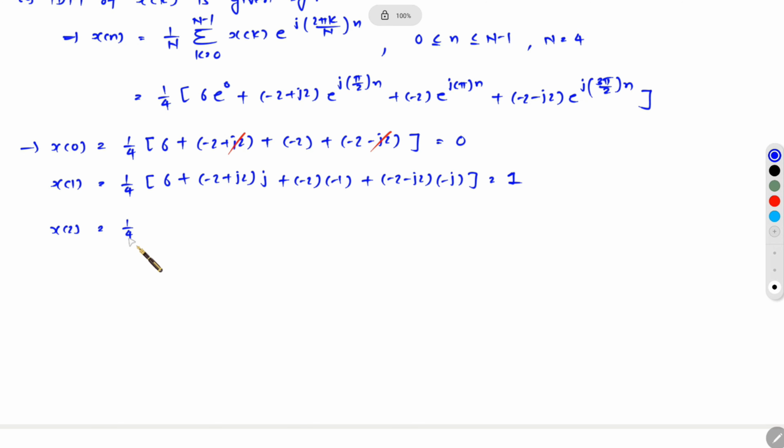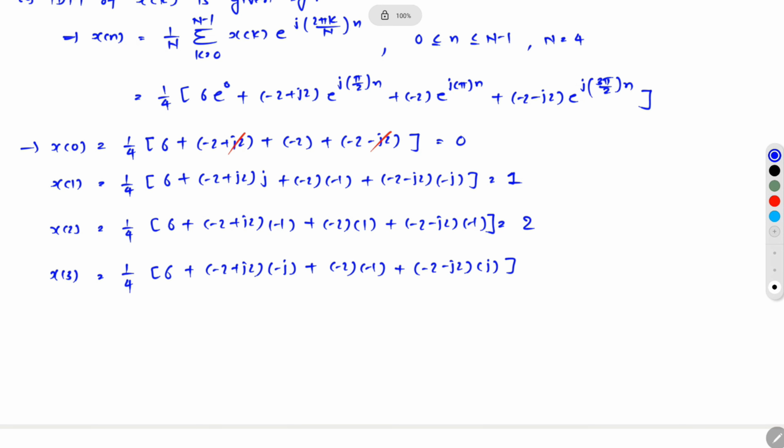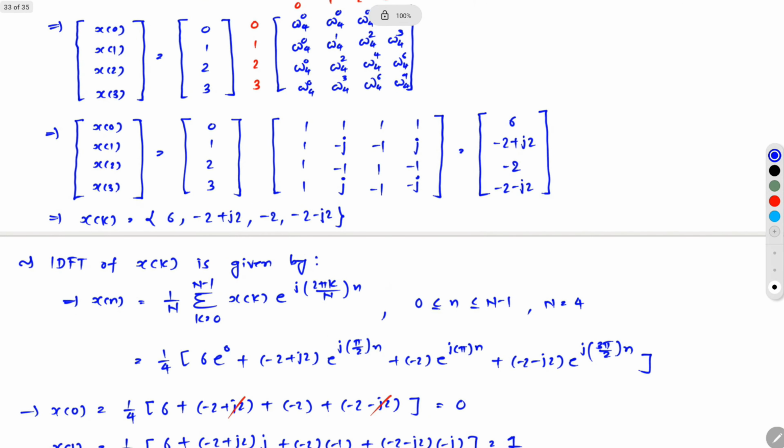If you solve it, you will definitely get 2 only, as per the original sequence, and for the last element the calculation will give you 3 only. So technically after IDFT, this x of n has first element 0, then the elements will be 1, 2, 3 only. That will be the original sequence which we have over here.